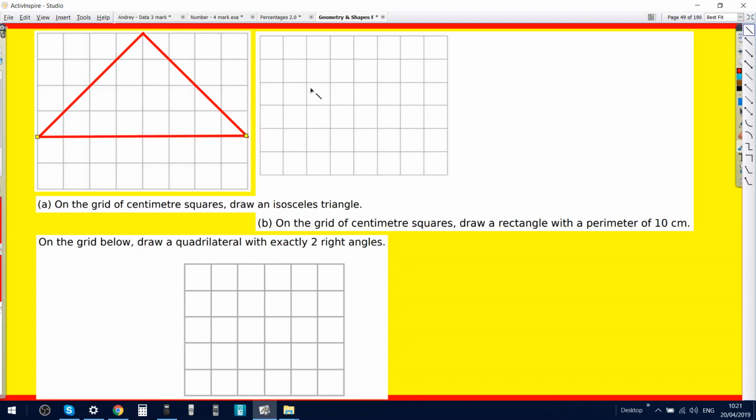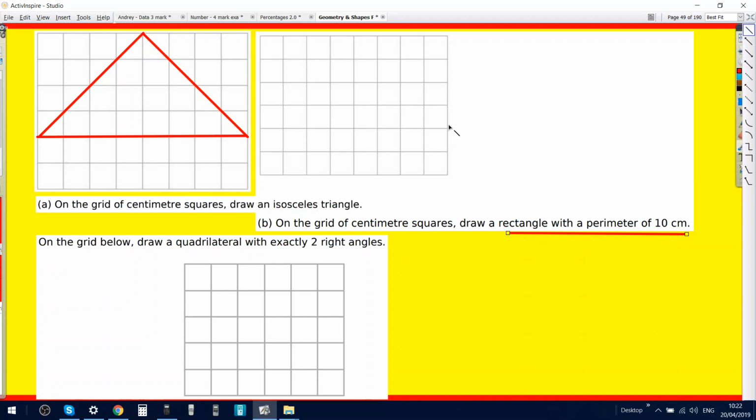And top right, with a perimeter of 10 centimeters. The actual grid is 8 centimeters wide, so I'm not sure how to use that perimeter of 10.